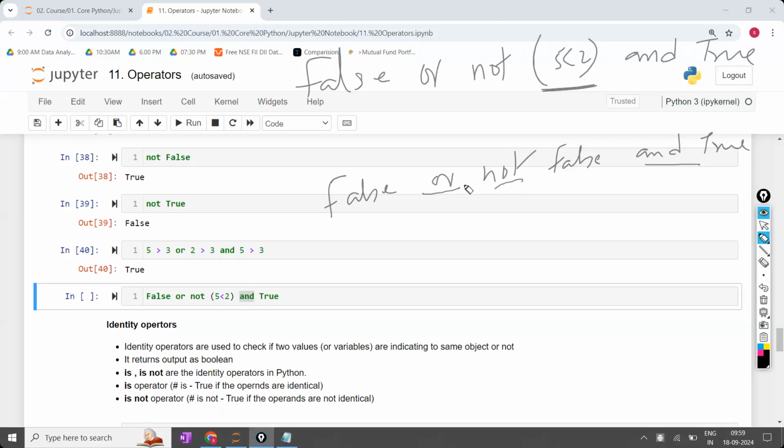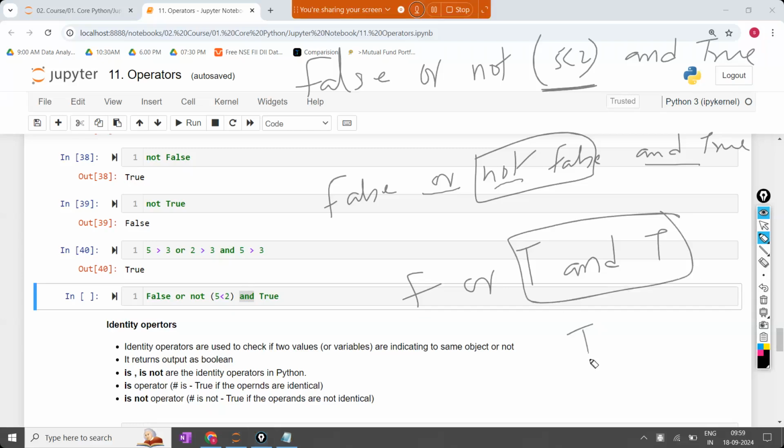The operators are or, not, and. Which one is the top priority? Not. First complete not false. What is the answer? True. So false or true and true. Now, which is the top priority? And. Then false or true. What is the final answer? That is the output.